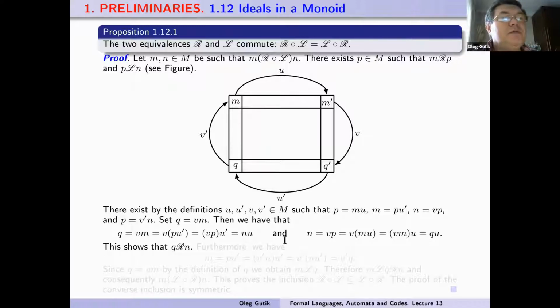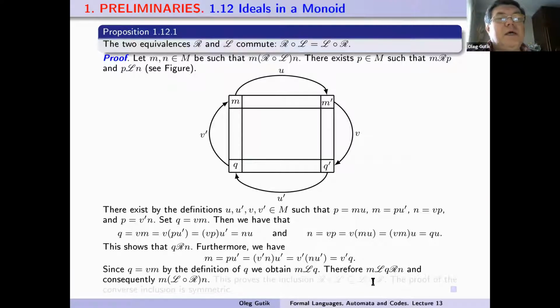This shows that elements q and n are R equivalent. Furthermore, we have that q = vm, and by definition of the element q, we get that q and m are L equivalent.